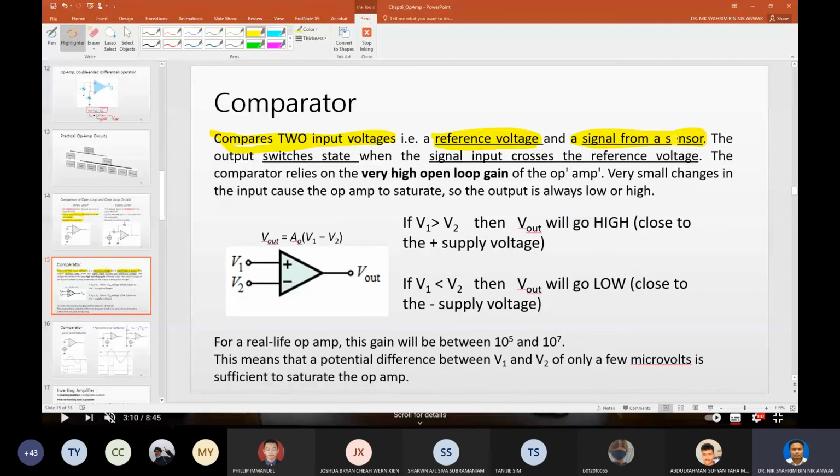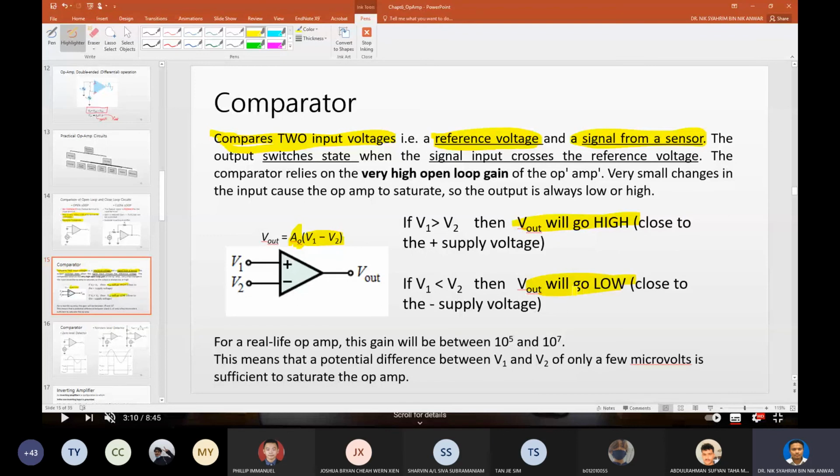Comparison is mathematically just subtraction, where the subtraction result will then be amplified by A0. So your output will be either high or low.